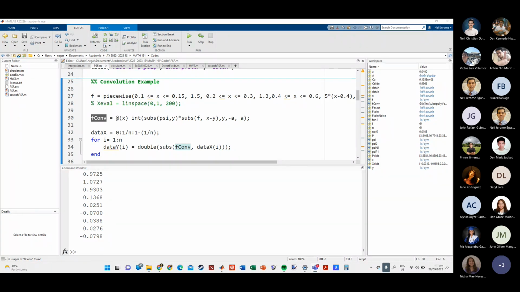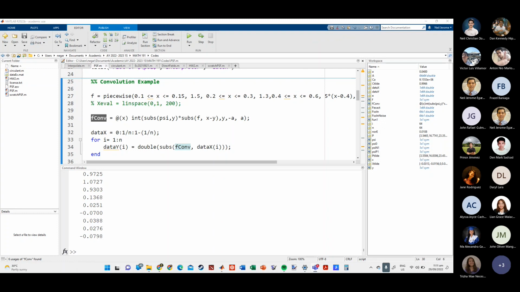Kaya ang ginawa ko rito, dun sa integrand, kasi di ba ang unang entry para kay integral command ay yung integrand. Ano yung integrand? Dapat psi of y yung integrand natin. So rito, lahat muna ng variable na x kay psi, papalitan ko ng y.